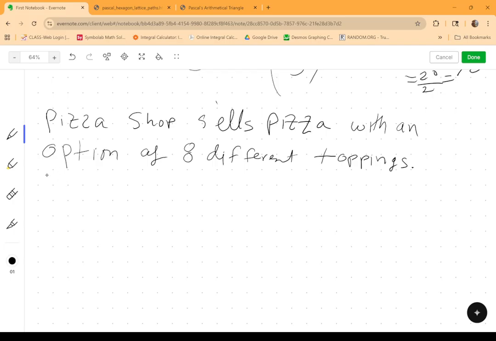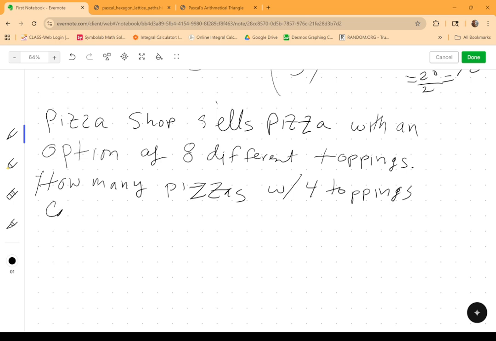How many pizzas with 4 toppings can you make? Again, I could list out the toppings and try to create 4-topping pizzas, but we can think about it in a different way.